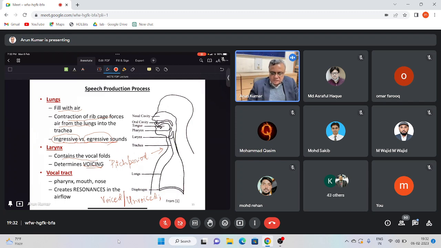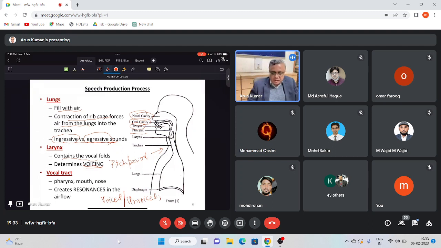Now this air is forced through the vocal tract from the vocal folds, which may be vibrating for some sounds and may be just open as a narrow constriction for other sounds, that is, unvoiced sounds. The vocal tract consists of the pharynx, the oral cavity of the mouth, and the nasal cavity. And another important organ in the creation of different sounds is the tongue.